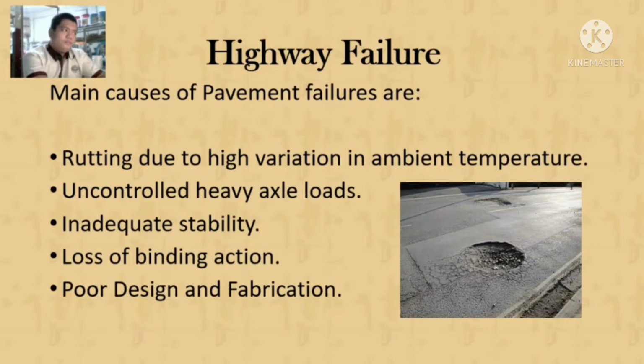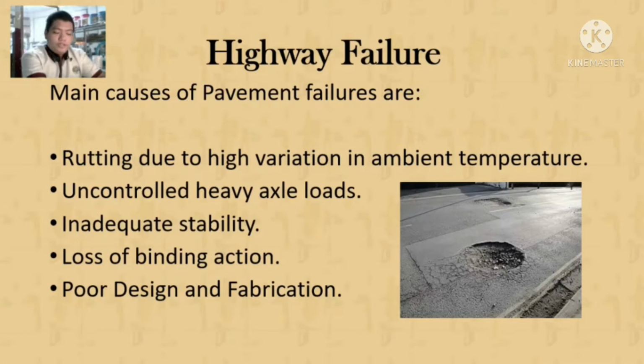Highway failure. The main causes of pavement failures are rotting due to high variation in ambient temperature. In rainy weather, water can seep through gaps between aggregates and asphalt and act under tire pressure.